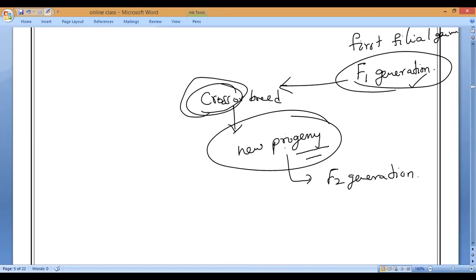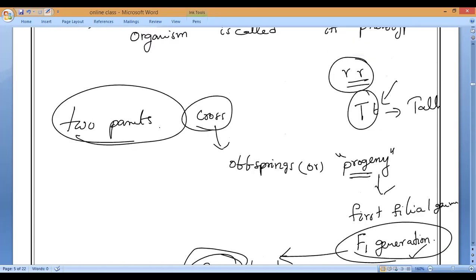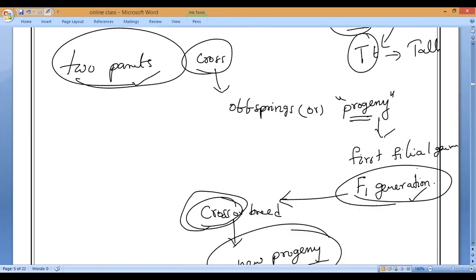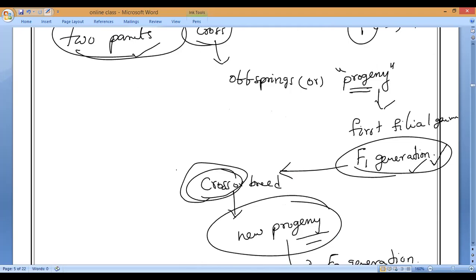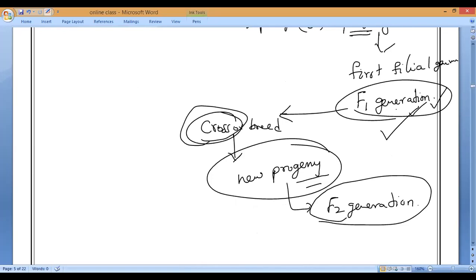So the generation which is produced by parents is called the F1 generation, and the generation which is produced by the F1 generation is called what, guys? Please respond.